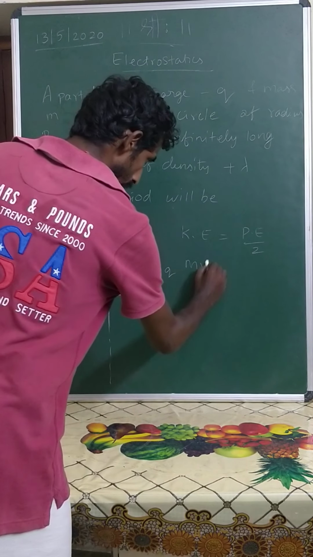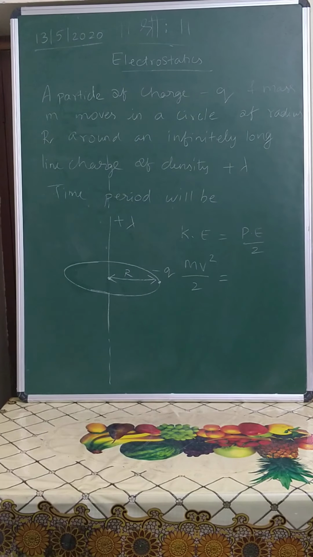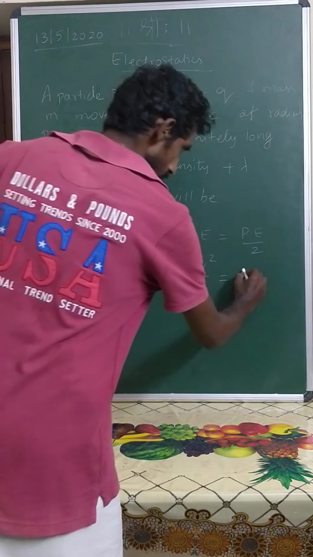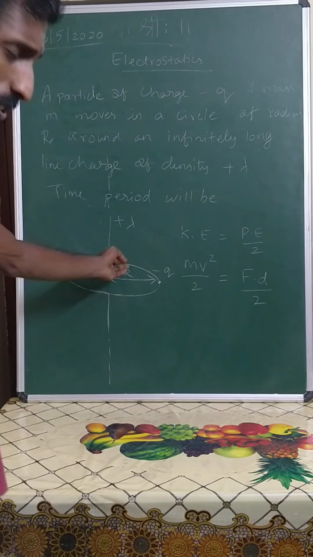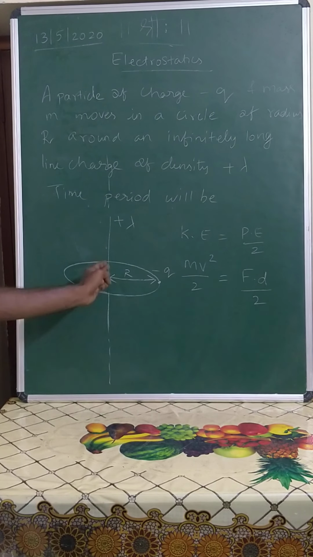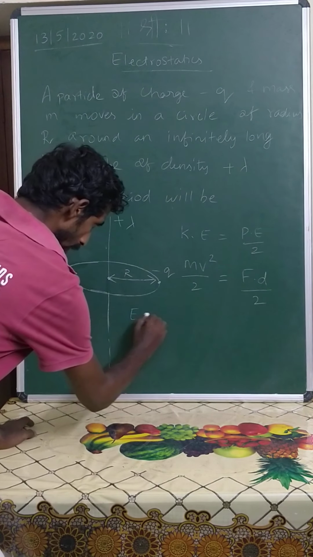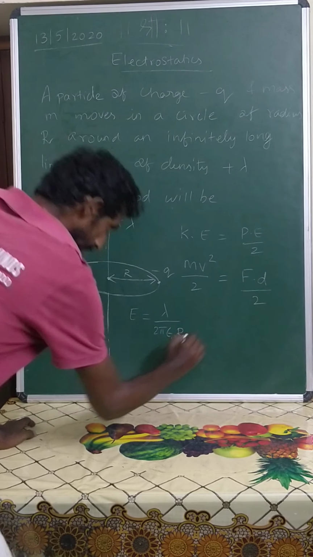We know the kinetic energy formula, mv square by 2, that will be equal to the potential energy. We can write the potential energy as force into displacement by 2, because here the force is naturally the electrical force. So the line charge will be lambda. We know that the electric field due to a line charge is lambda by 2 pi epsilon naught r.